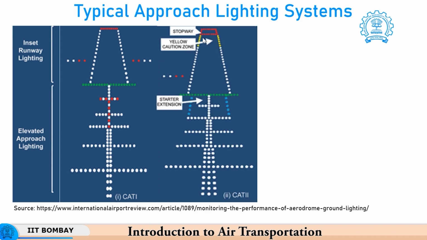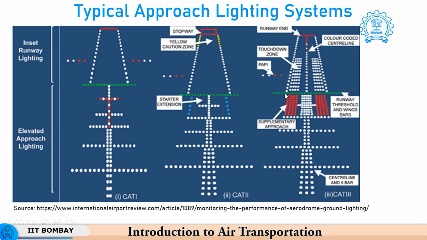In category 2 systems, we illuminate the edges of the stopway, and also give some yellow colored lights in the caution zone, and then you have multiple rows of lights in the approach path, and there are also blue lights which are indicative.